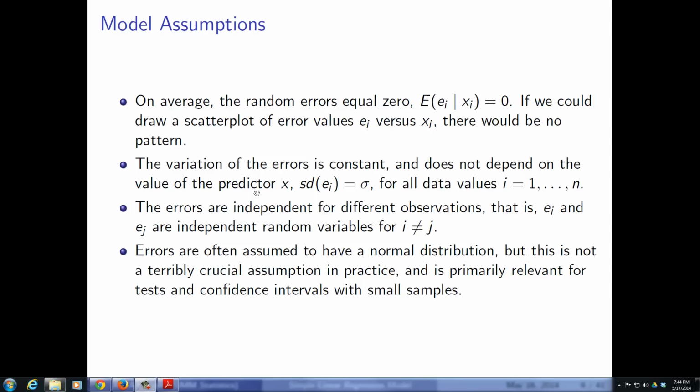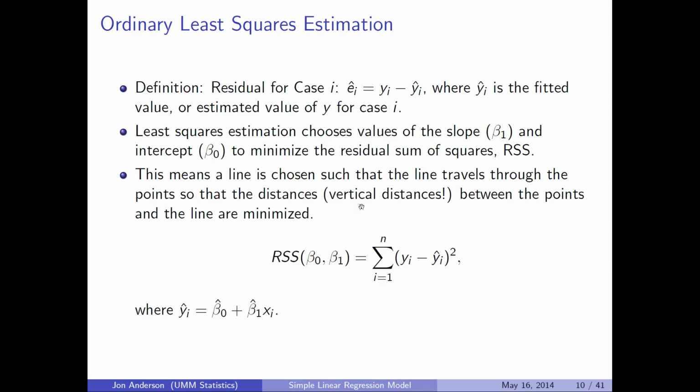After the model assumptions, let's take a look at how to get an estimate of this underlying straight line mean function. The way we do it is called least squares estimation, and it's based on the idea of a residual.